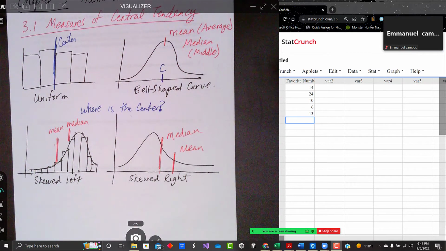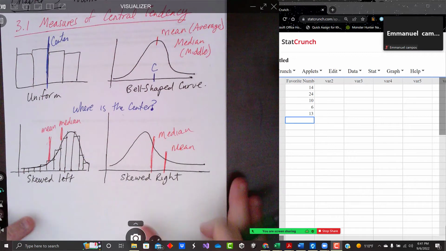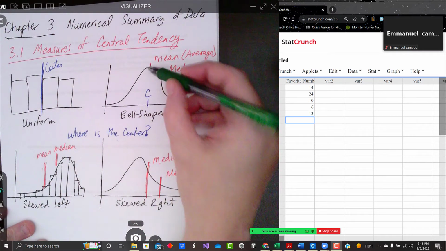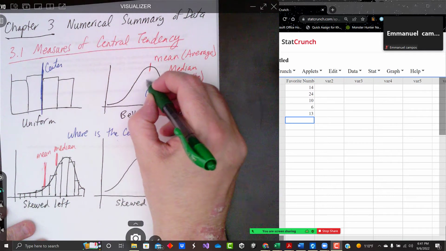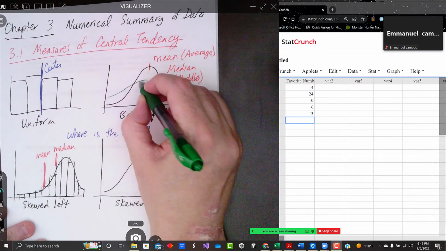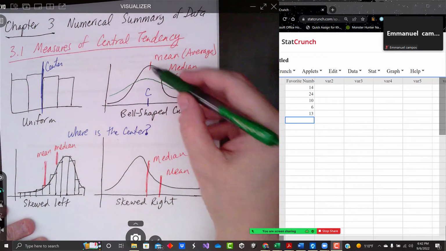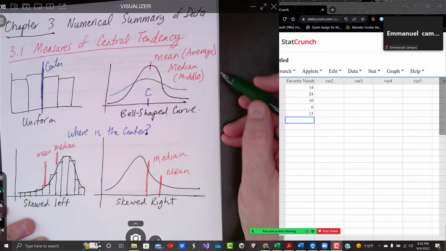So we're looking at that, but then even the bell-shaped curve has some options here. Let me focus on the bell-shaped curve here. This one I made it kind of tall, but what if it was shorter and did something like that? Like a mountain versus like a sand dune or something like that.